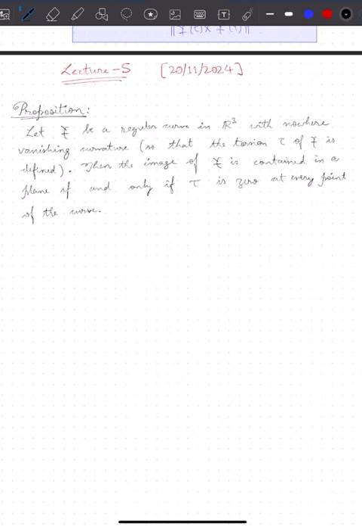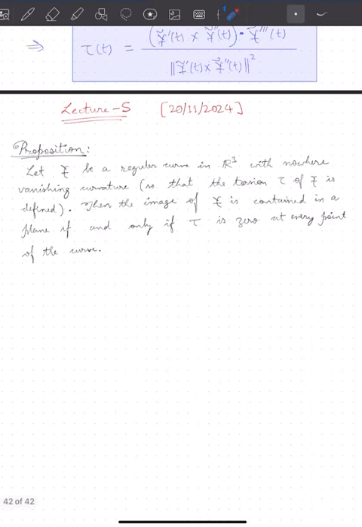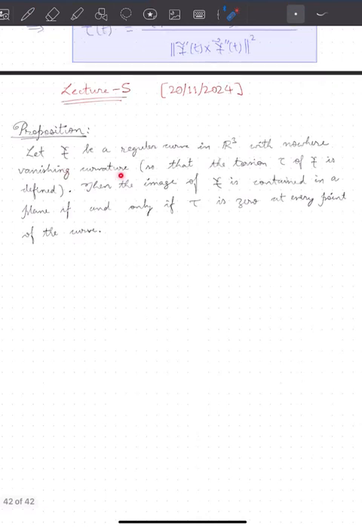Right, so this is what we had. Let's read it again: let gamma vector be a regular curve in R3 with no vanishing curvature. Then the image of gamma vector is contained in a plane if and only if tau is 0 at every point of the curve.